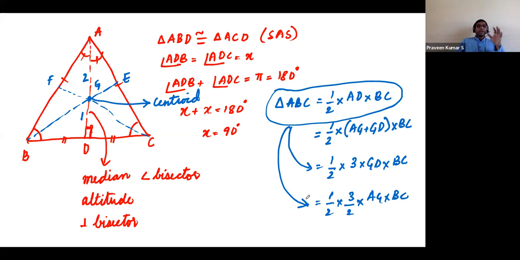So sometimes in NTSE, they have these questions. They'll ask you to calculate the area of triangle ABC, and they'll give you some 4 or 5 options. You'll have to choose which is the right option, and they might be similar to the two forms that we have just calculated. So you should be able to understand which form suits the requirement here. Okay.